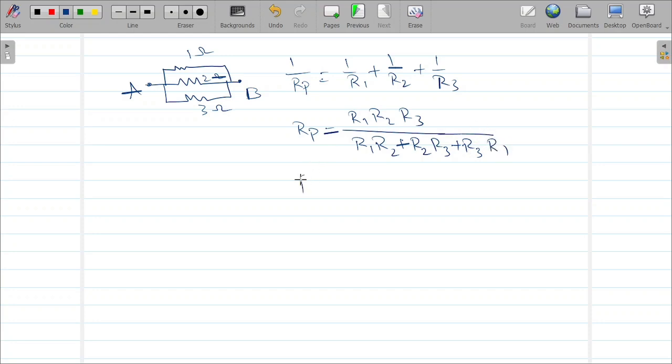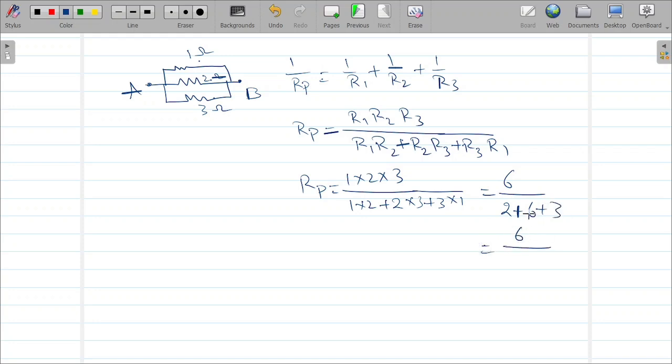So Rp equal to 1 into 2 into 3 by 1 into 2 plus 2 into 3 plus 3 into 1. So 3 twos are 6, into 1 is 6. So it is 2 plus 6 plus 3, which is 11. So 6 by 11. The resistance in parallel combination is 6 by 11 ohms.